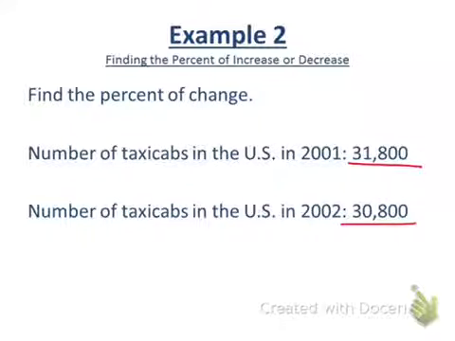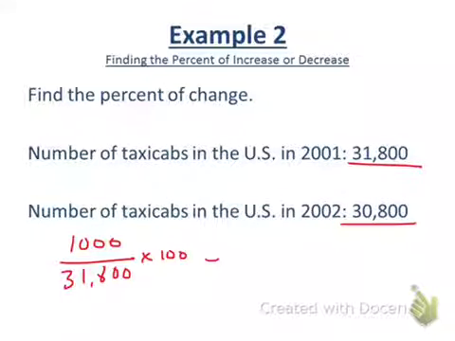So the percent of change is the amount of change, which we can just do straight up, Kenny. There's 1,000. And the original amount was 31,800, times 100 to change it to a percent.